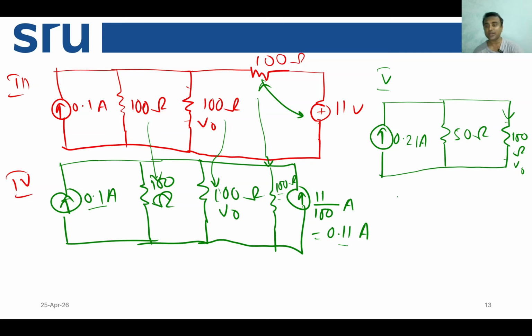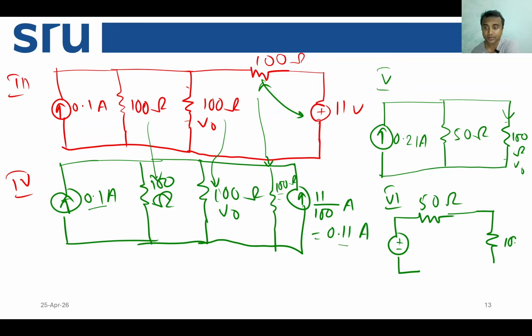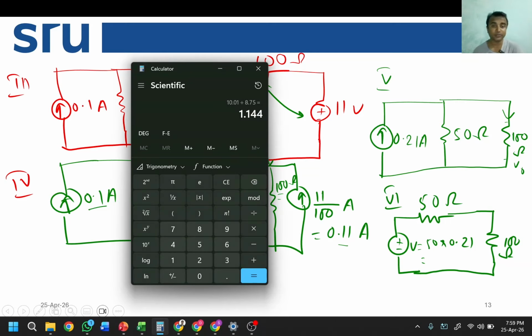Now here also we come to a very simple step: we can convert this into a voltage source and a series resistance. The series resistance here will be 50 ohm and this is 100 ohm, and what will be the value of this voltage source? It should be equal to 50 times 0.21. Now 50 into 0.21 you can calculate, don't believe me.